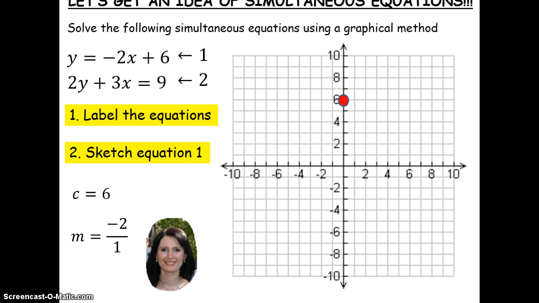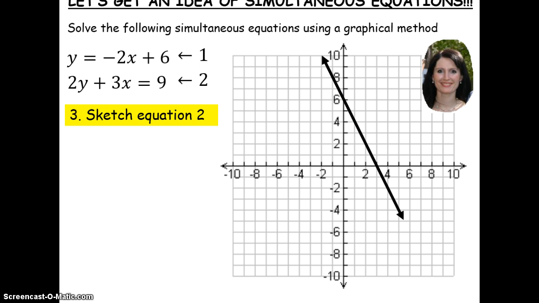And from 6, we need to go down 2 and across 1. So that takes us down to 4 and across 1 gives us a point 1, 4. We make a line there. That's our first equation. I've used the y-intercept and gradient method for this one because it is in the form y equals mx plus c.